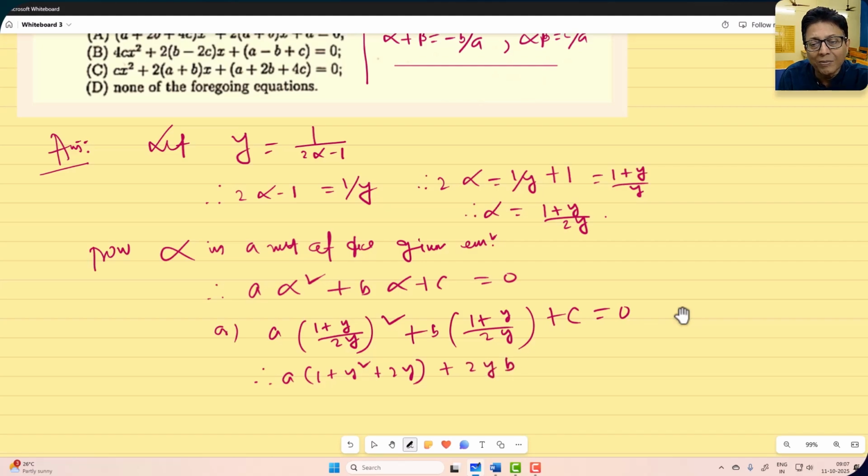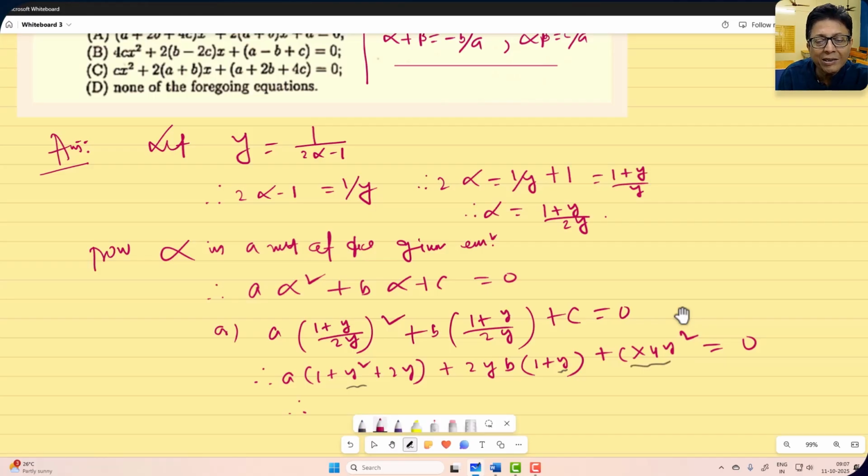So 2y will be remaining, 2y will cancel, plus c into 4y square equal to 0. So this will give us y square. Where do you get y square?